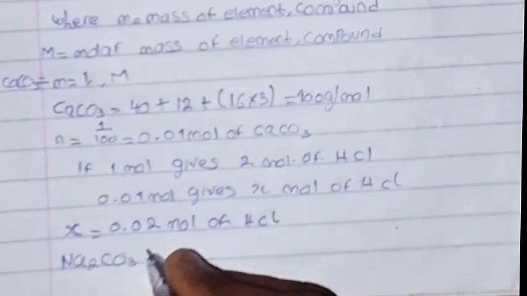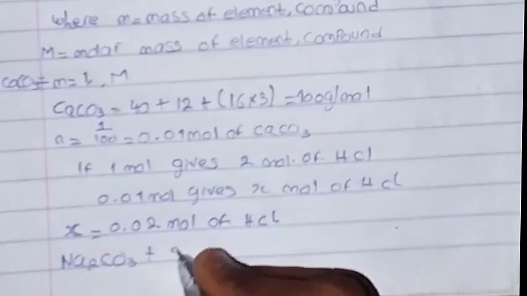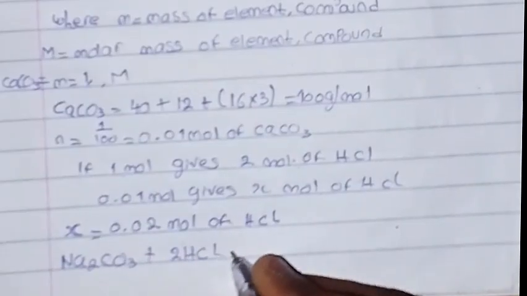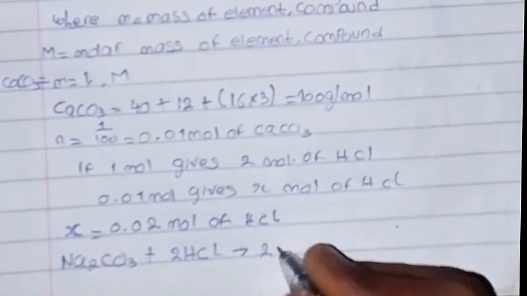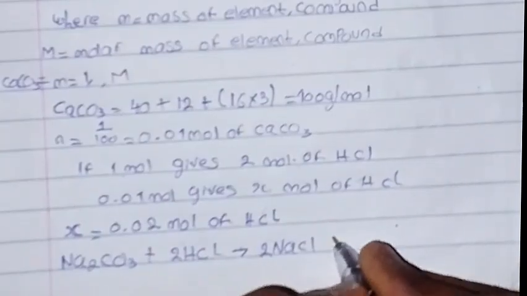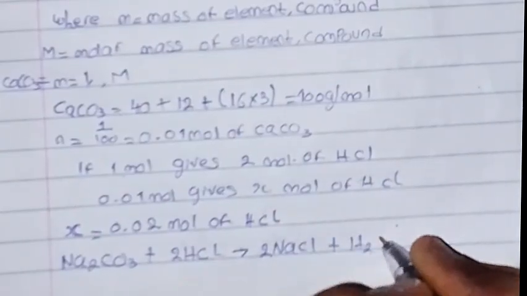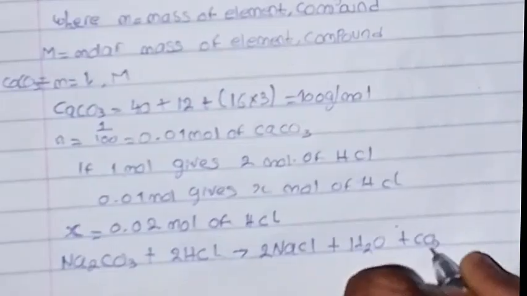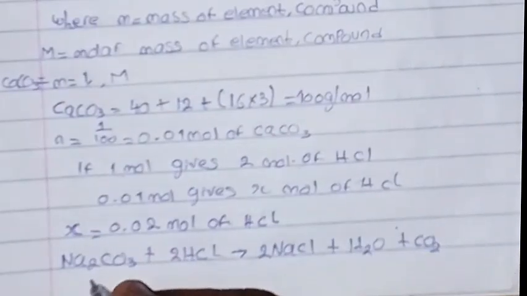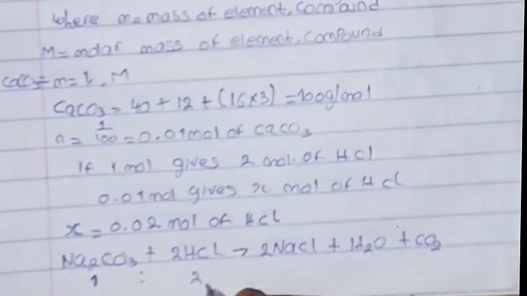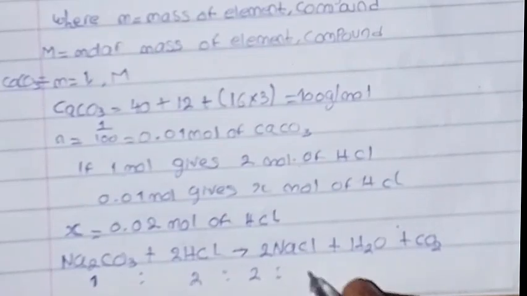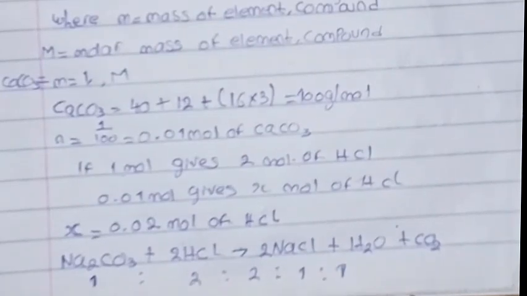When it reacts with HCl, it reacts with 2 moles of HCl to give 2 NaCl plus H₂O plus CO₂. The mole ratio is 1 to 2 to 2 to 1 to 1. Now all we're concerned with is sodium carbonate and HCl.